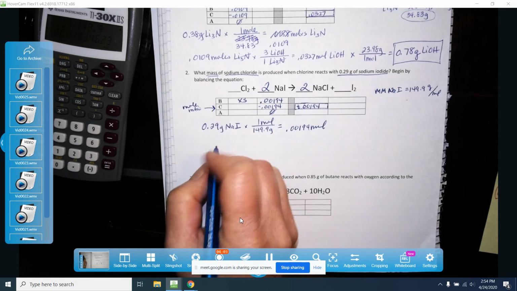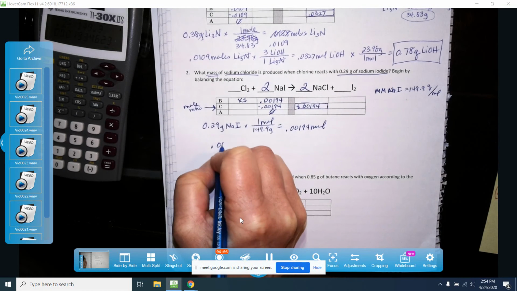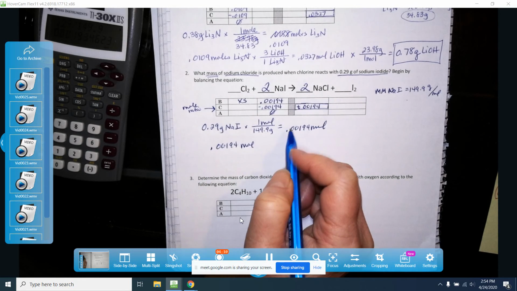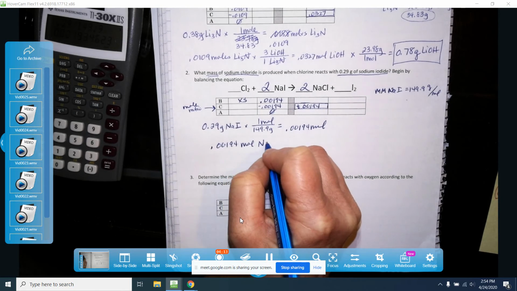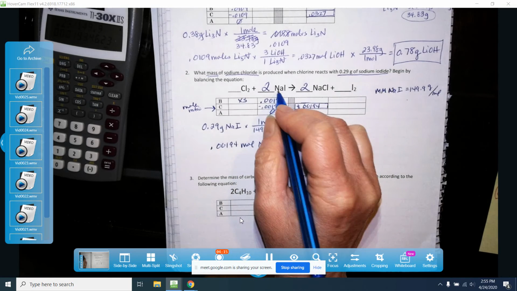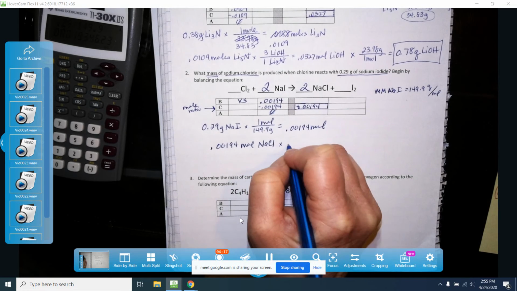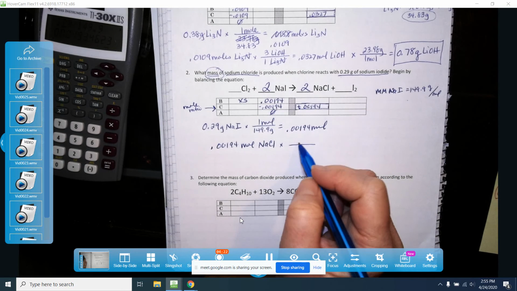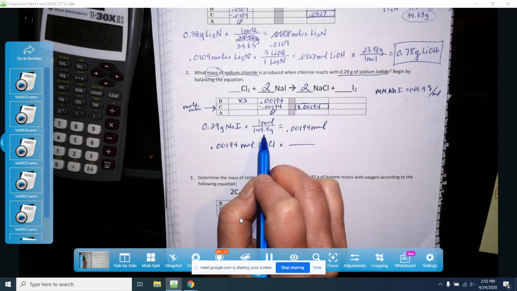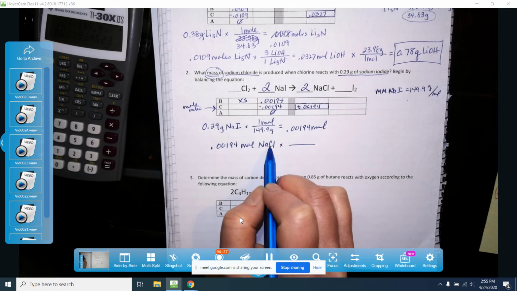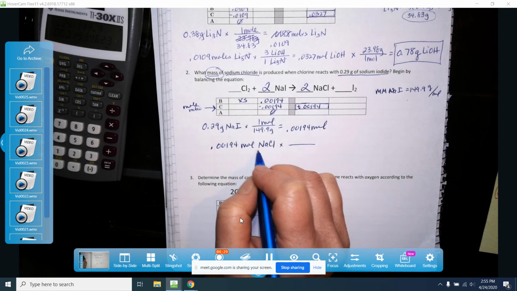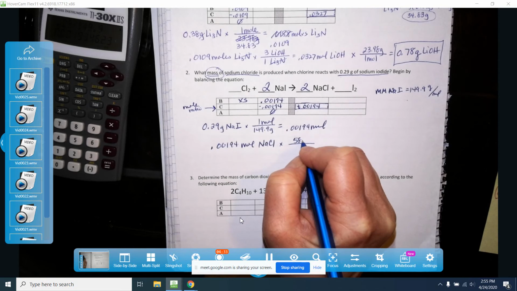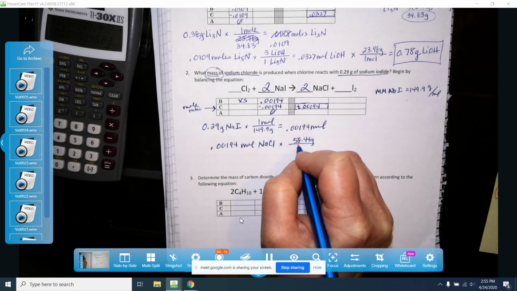So we're not done. We're going to have to take our 0.00194 moles, and this time it's sodium chloride, not sodium iodide, and we're going to convert it into grams. Since we're doing that, it's going to be a different molar mass. It's not this molar mass, it's this molar mass. So when you add up the sodium and the chlorine, you get 58.44 grams.